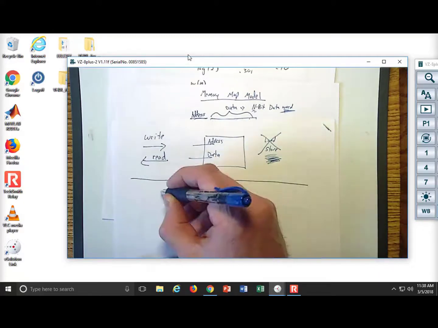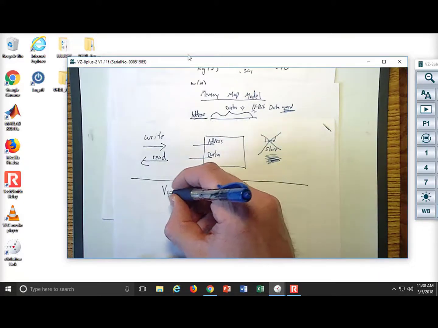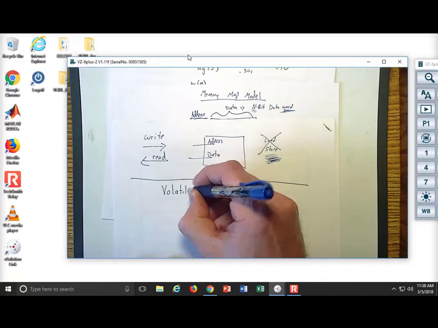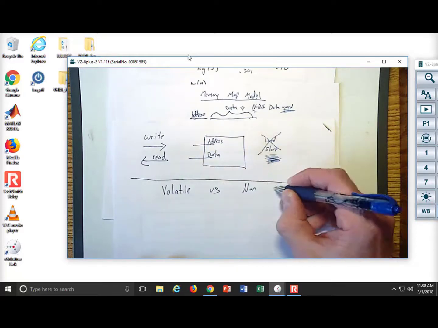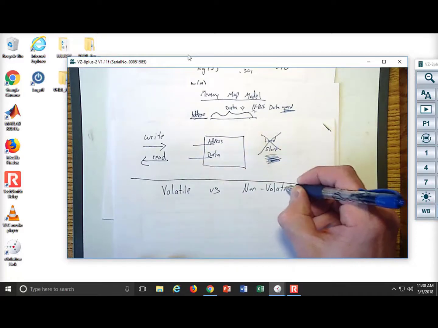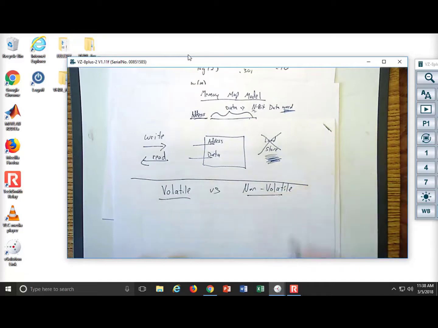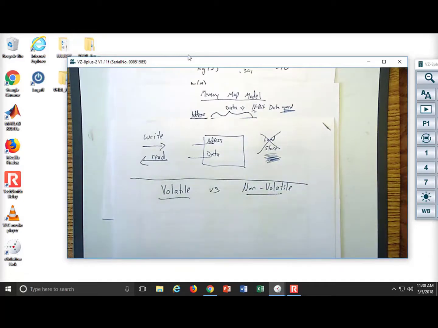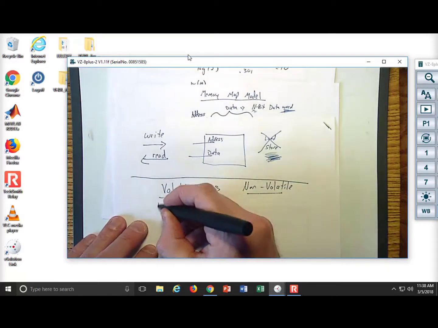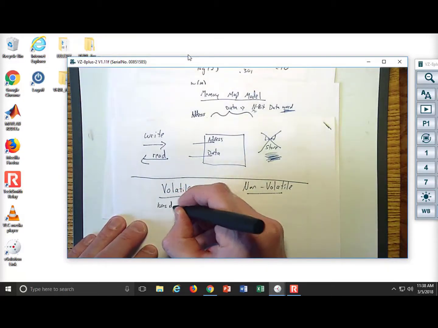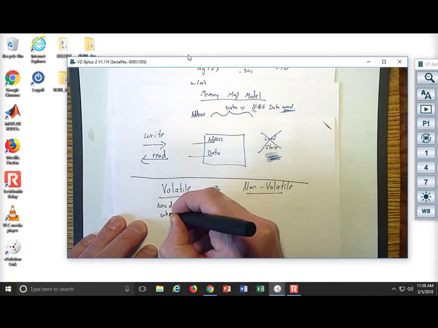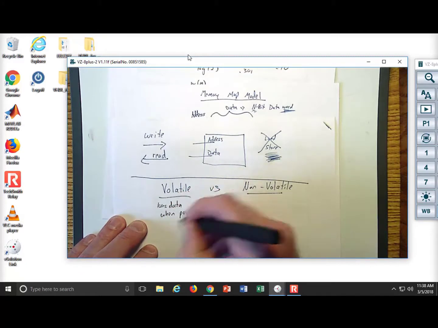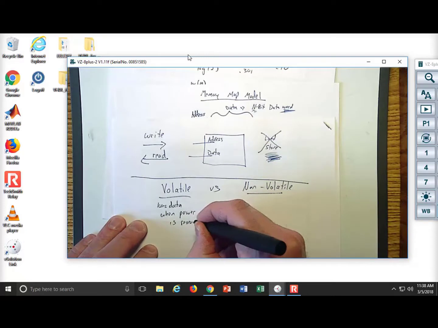We have 2 categories of memory. One is called volatile and one is called non-volatile. Now you've probably heard these, but what does volatile and non-volatile memory mean? It just has to do with, does it store information when the power is removed? So volatile loses data when power is removed.